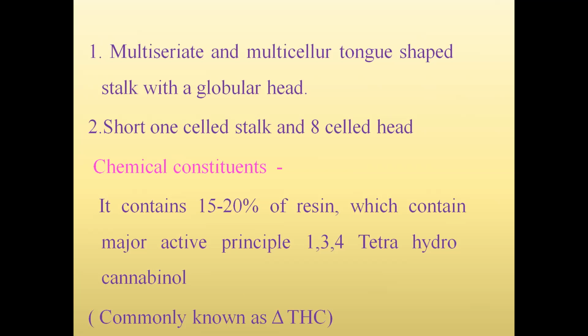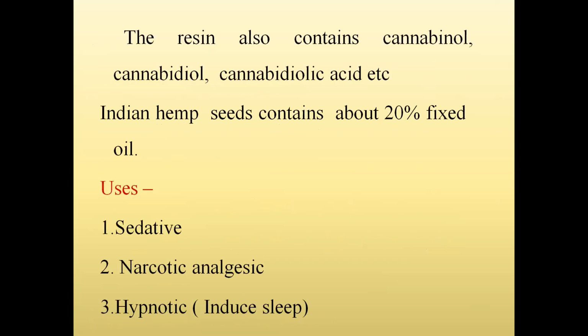Chemical constituent, it contains 15 to 20% of resin, of which the major active principle is 1,3,4 tetrahydrocannabinol. This is also known as delta THC, tetrahydrocannabinol. And resin also contains cannabinol, cannabidiol, cannabidiolic acid, etc. And Indian hemp seeds contain 20% fixed oil.